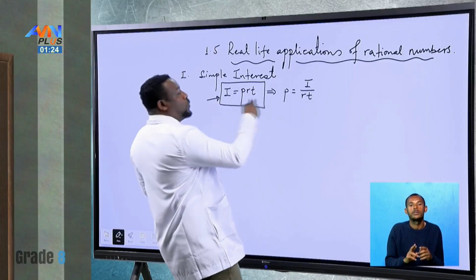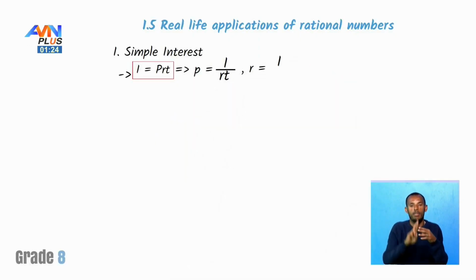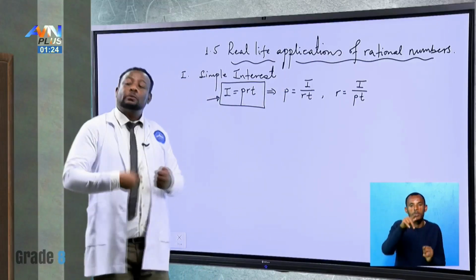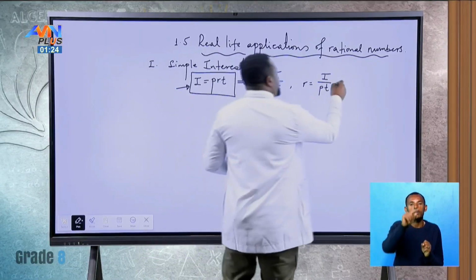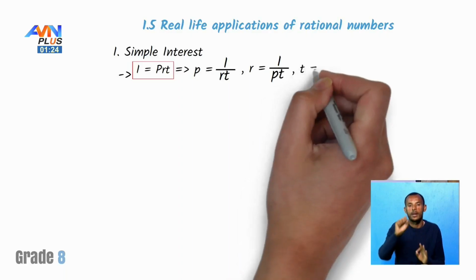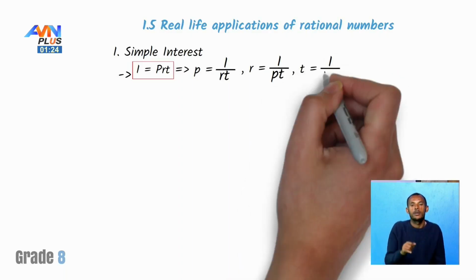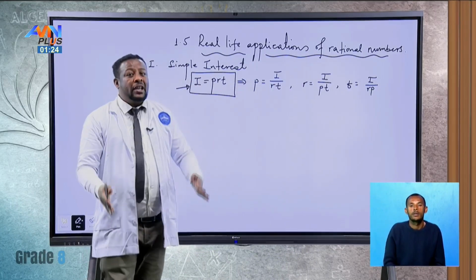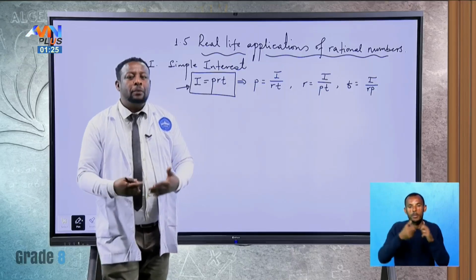So from this equation, we can derive the rate in the form of I over PT. You can also express T in terms of the other parameters. So T is defined as I over RP. You need to be familiar with these formulas to understand problems related to simple interest.